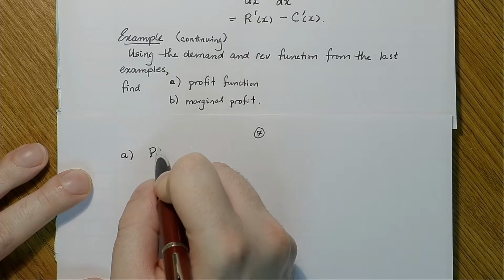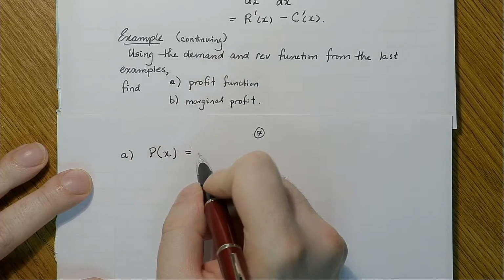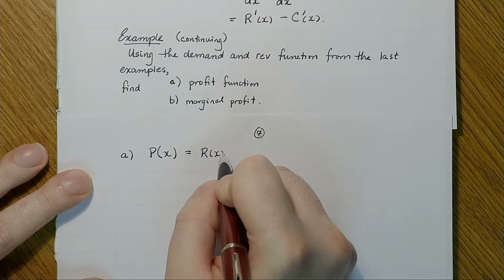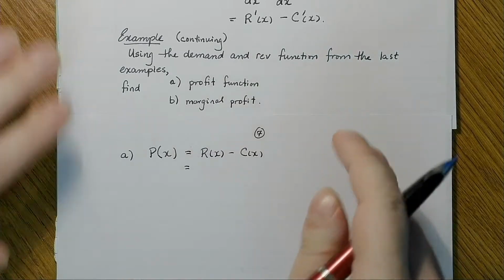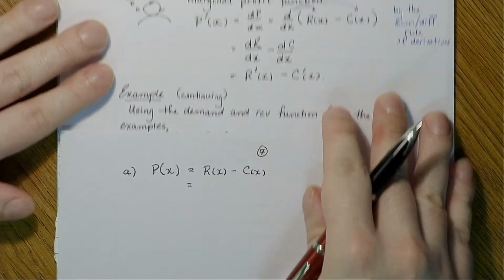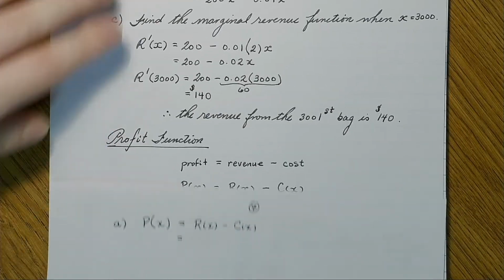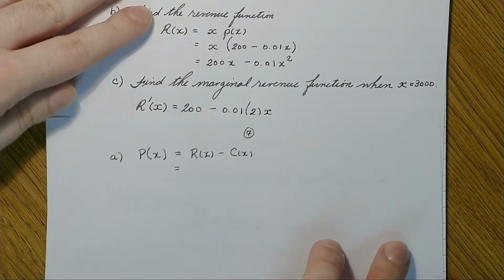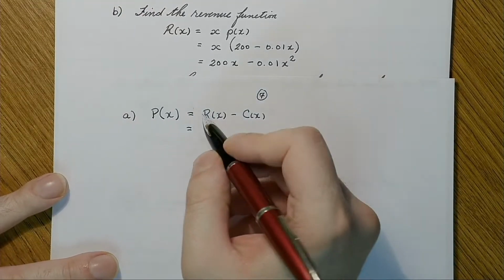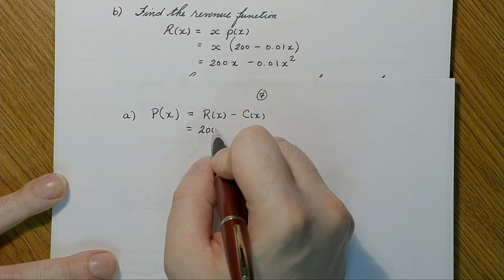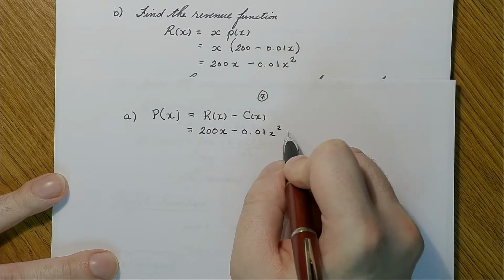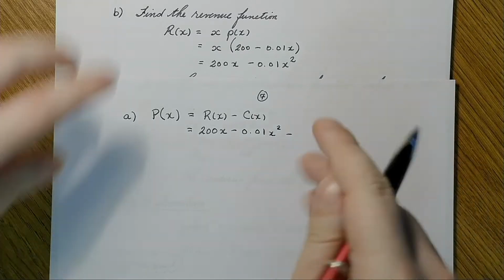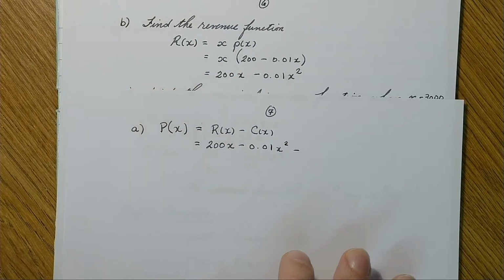Again, the profit function is our revenue minus cost. Looking back, our revenue function was 200x minus 0.01x squared, minus our original cost function.